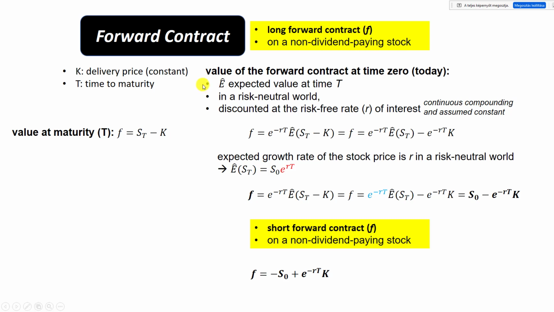Okay, so we have the delivery price K, and we have the time to maturity, the big T, and in the case of maturity, the value will be the difference. So this was the price at time T, and this is the delivery price. We are taking the difference, this is the value. I think it's quite obvious.